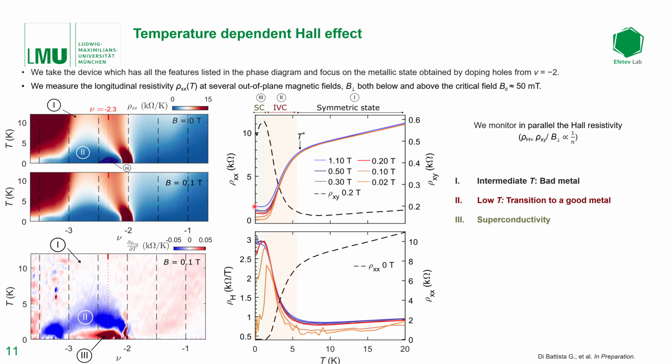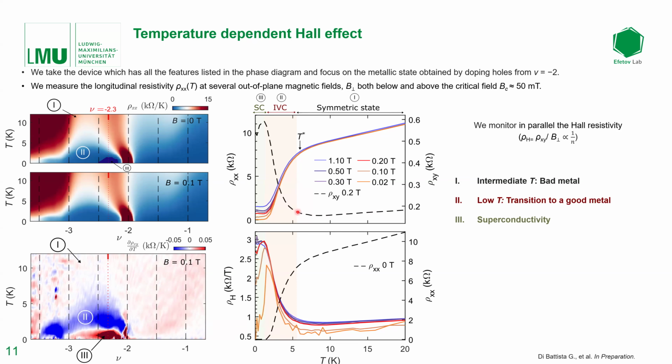The other thing which we can tie to this thinking is that at the same time we can also measure the Hall effect. As you can see, this dashed line here is the Hall effect. When we look at the temperature dependence of the Hall effect in the symmetric state, it is almost constant.